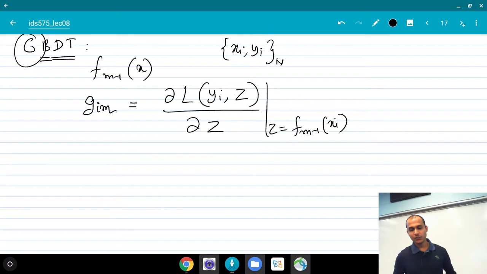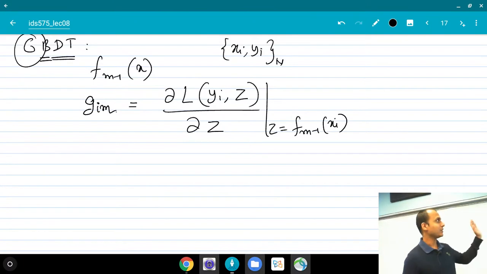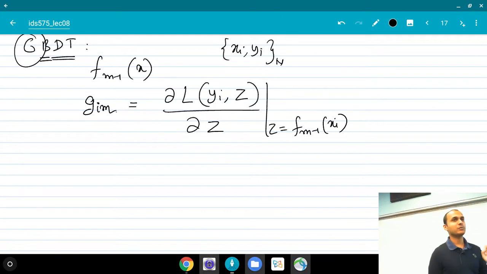So let's understand what's happening. Let's focus only on the ith observation. I already have the previous m minus 1 models added together, that's f_{m-1}. At the ith observation point, that evaluates to some number.